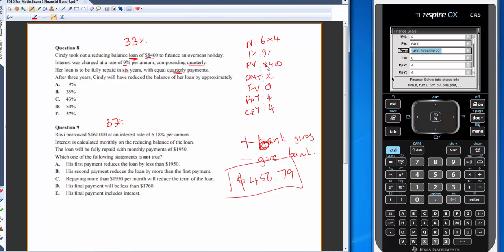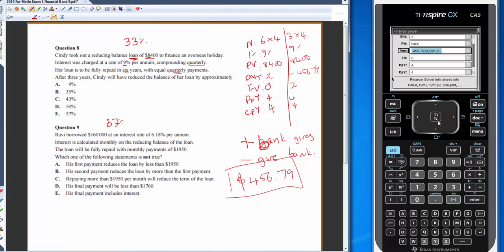Now we know that these must be the payments that she's using, so we can reapply this and grab the future value after 3 years. We're going to see how much she's actually paid down the loan by. We're going to use a new version of this, but instead of using 6x4, we're going to look at the state of play after 3 lots of 4, 3 years. Interest rate's the same. Present value is what we're starting with. Now we know the payments, negative 456.79. We don't know what the future value is, and PPY and CPY are both still 4.